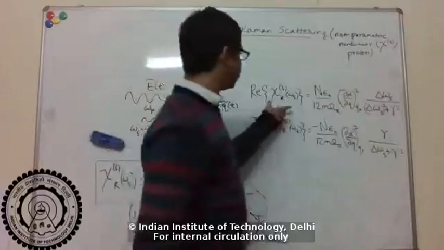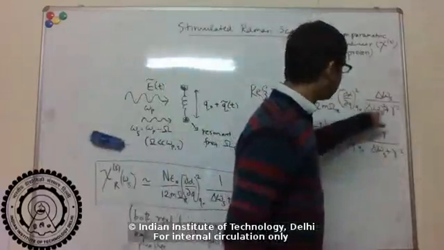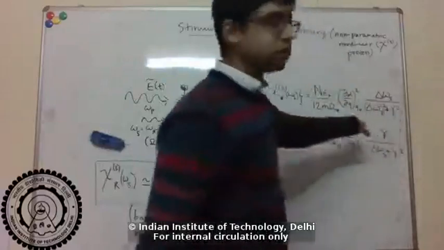Now you can see explicitly that the real and imaginary parts have this 1 over delta omega square plus gamma square, which is the Lorentzian function.